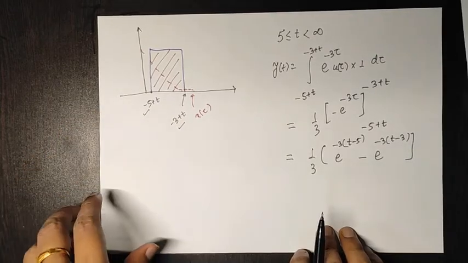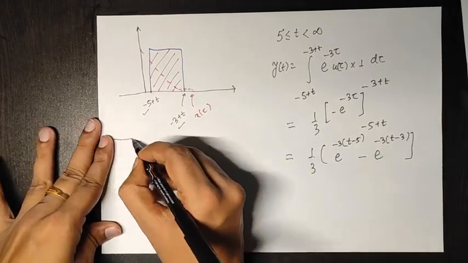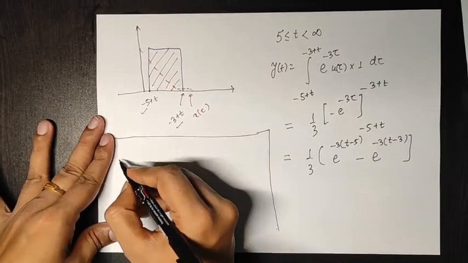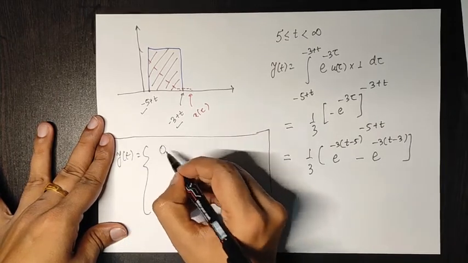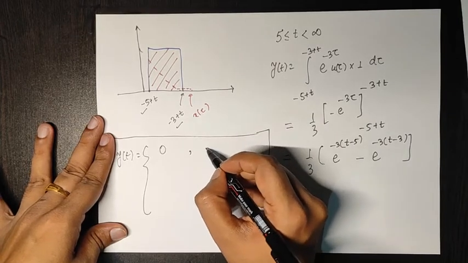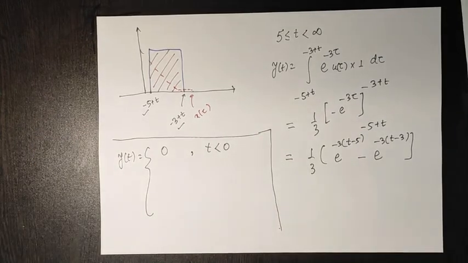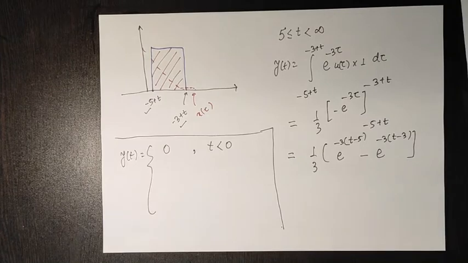Now let us combine all the equations. So finally we can write it here only. y(t) is 0 for all values of t less than 0, because there was no common area product.